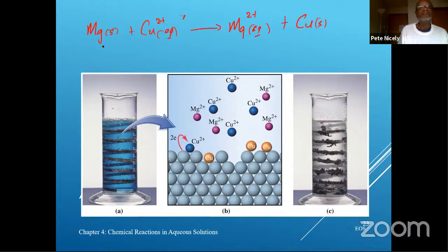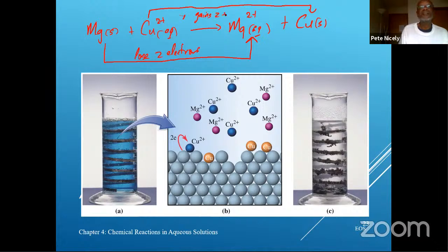All right. And if you recall, I said that magnesium was oxidized because magnesium undergoes a transformation which involves the loss of electrons. So it loses 2 electrons. And copper 2+ undergoes a reduction because it gains 2 electrons. All right.